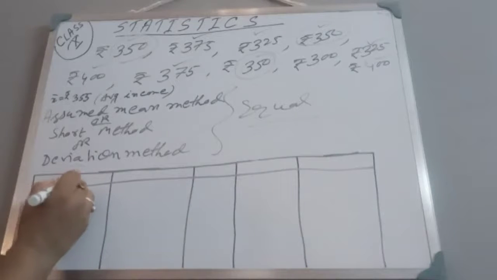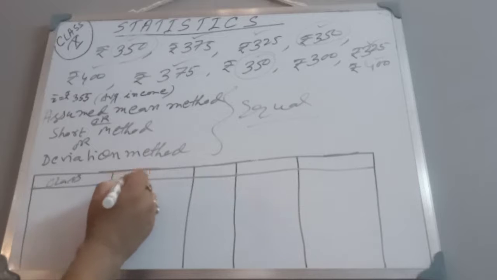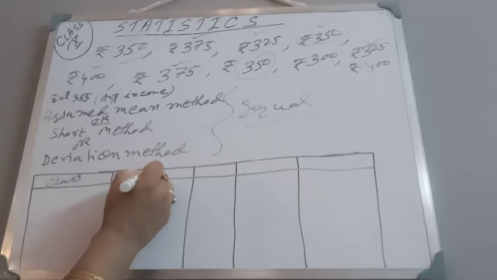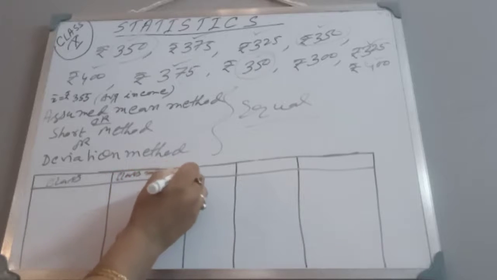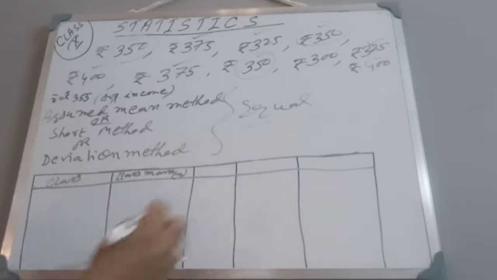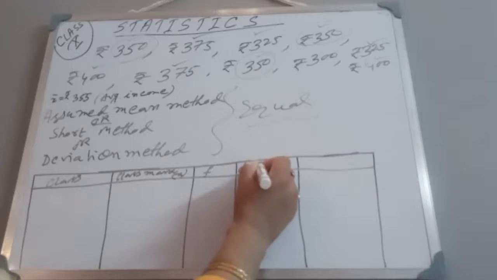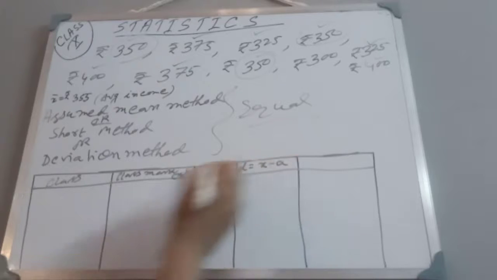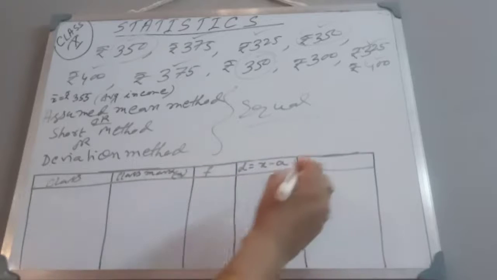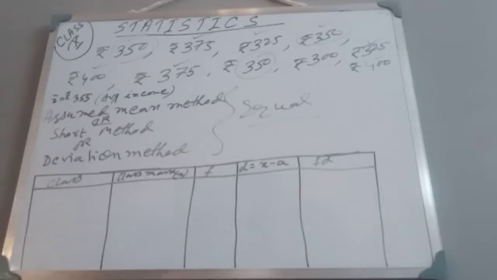This is class. Next is class mark. Next is frequency, that is F. Next is D, that is deviation. D equals X minus A. Next is FD.